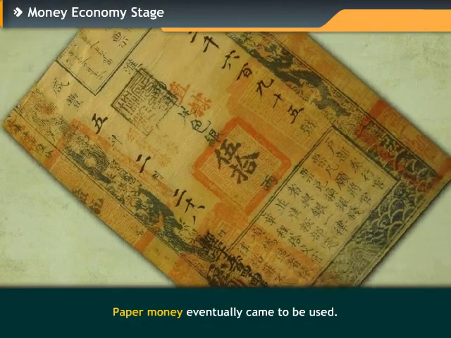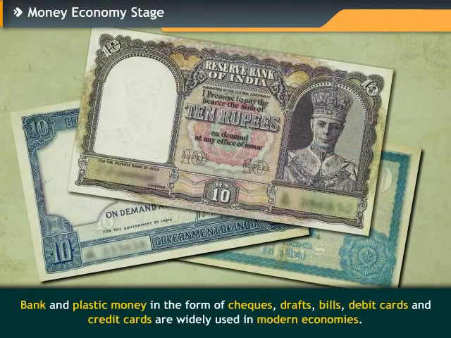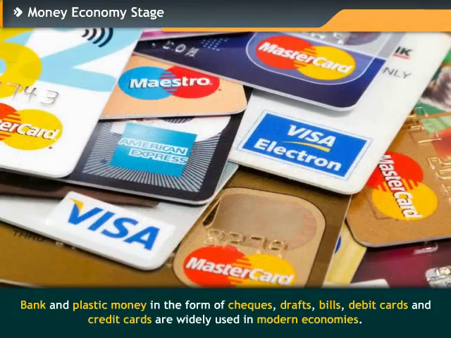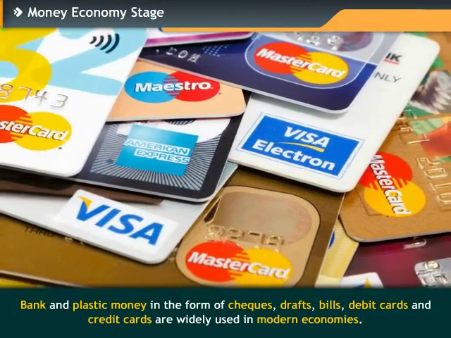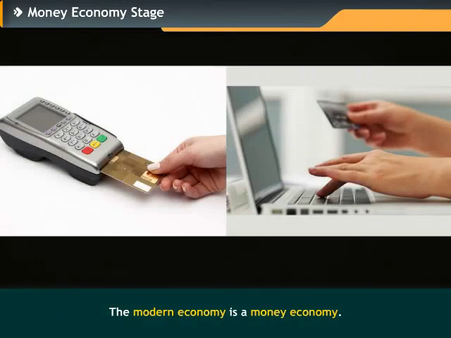Paper money eventually came to be used. Presently, bank and plastic money in the form of checks, drafts, bills, debit cards, and credit cards are widely used in modern economies. The modern economy is a money economy.